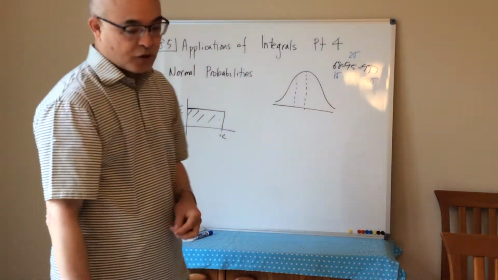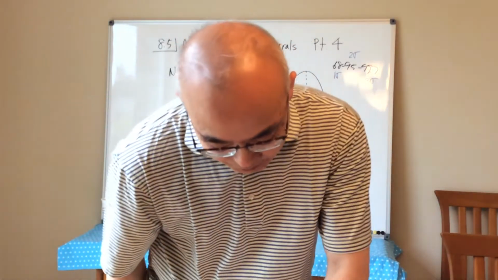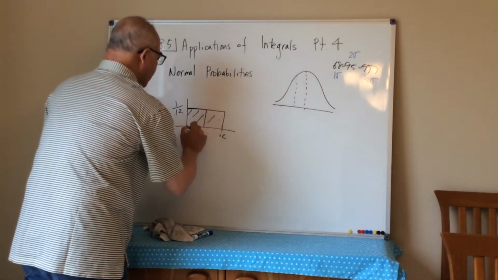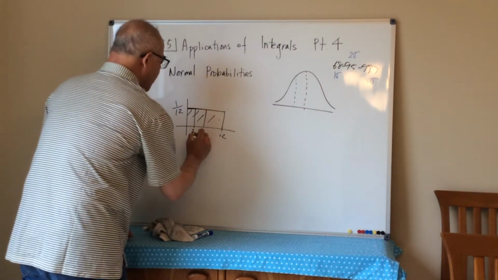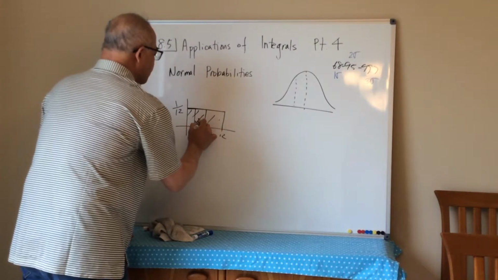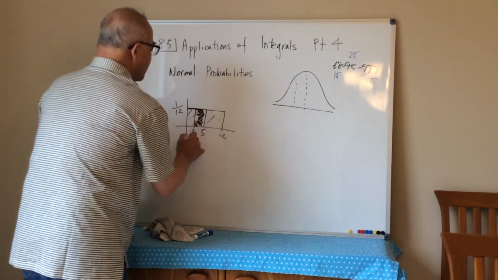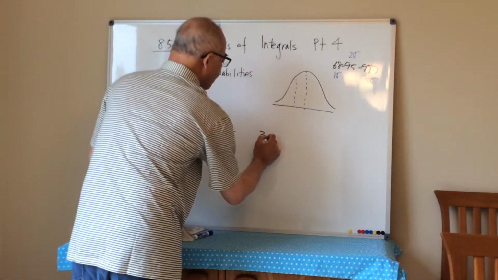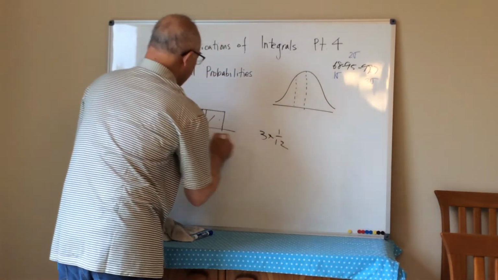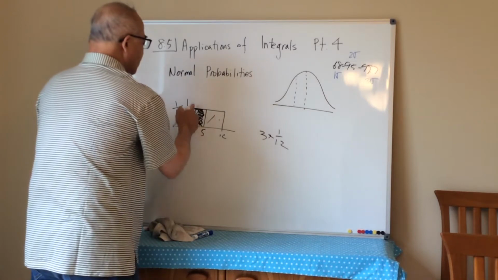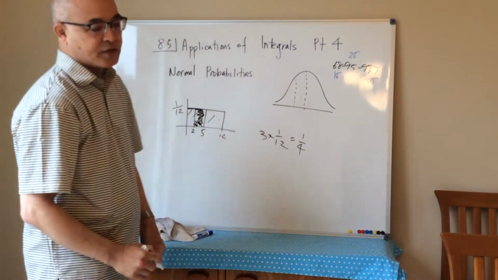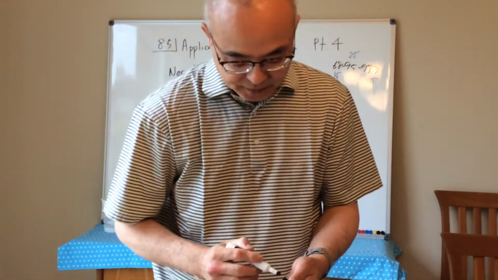So the probability that it's going to stop between 2 and 5, where this is 2 and this is 5, is going to be 3 times 1/12, because the base is 3 and the height is 1/12. So your answer is going to be 1/4, okay?